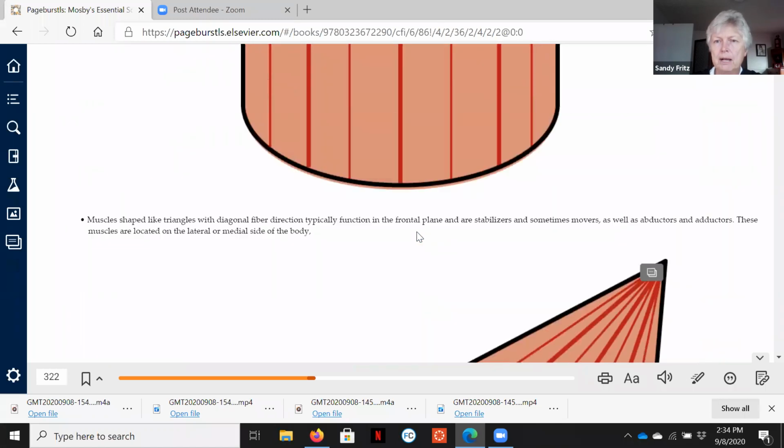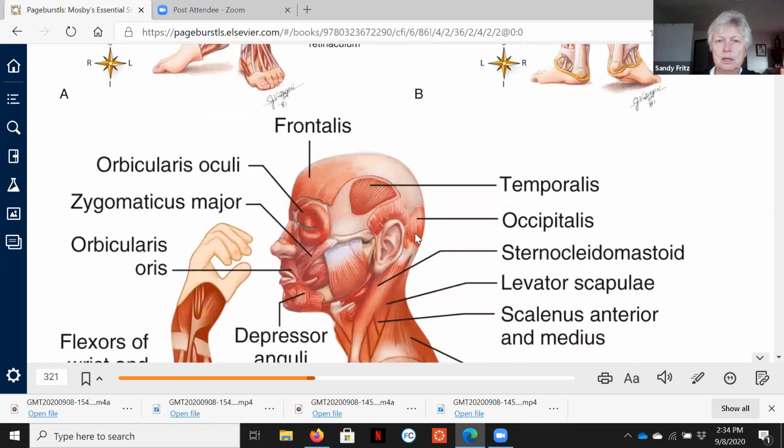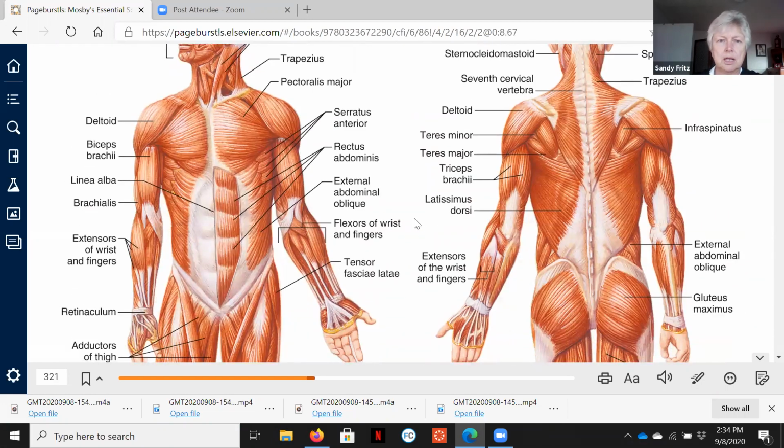So if we go back up to this diagram and look at some muscles through here, do you see how these fibers are going horizontally? So it's going to probably rotate something.